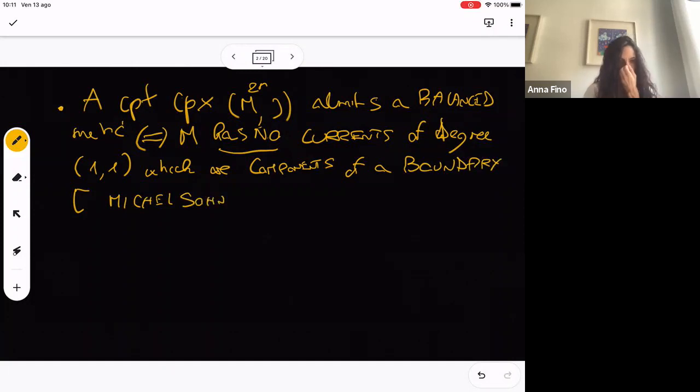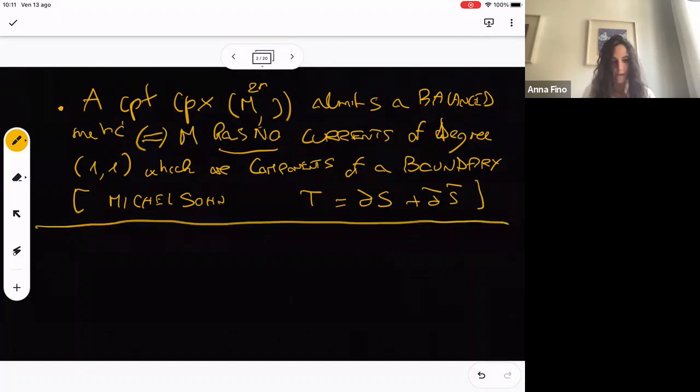So what we are saying is that there does not exist any current T of type (1,1) which is a component of a boundary, T equal to ∂S plus ∂-bar S-bar. And we do not have many obstructions to the existence of balanced metrics.